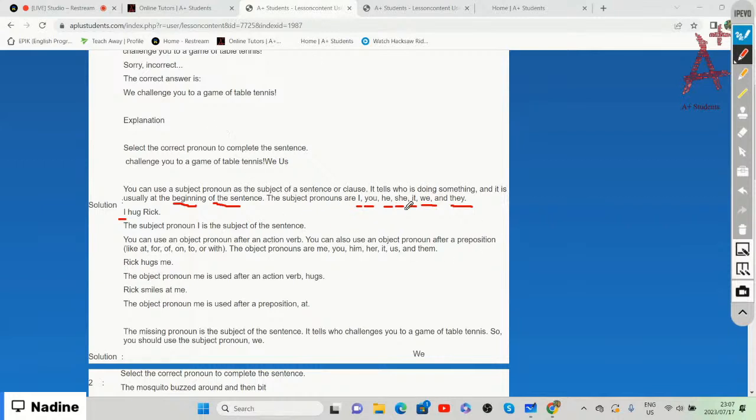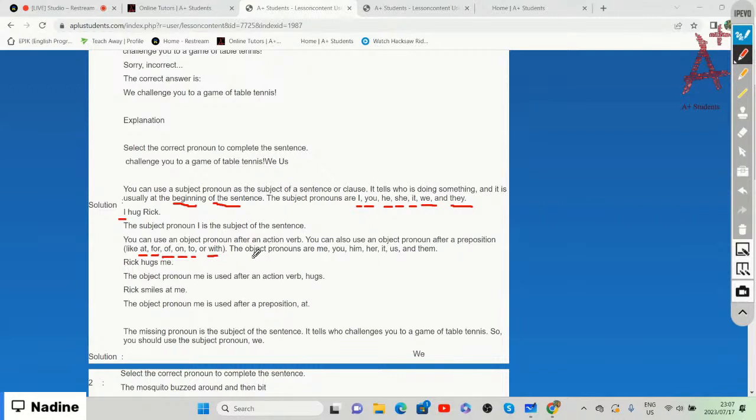And we can also use an object pronoun after a preposition. So it can be after an action verb or it can be after a preposition. And certain prepositions can be at, for, of, on, to, or with, right?